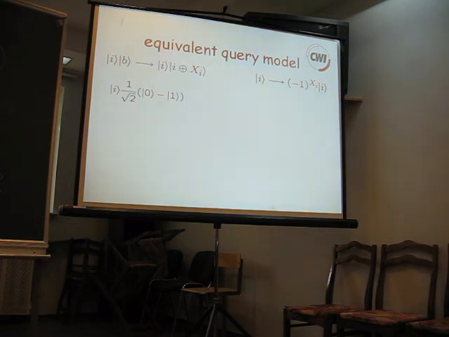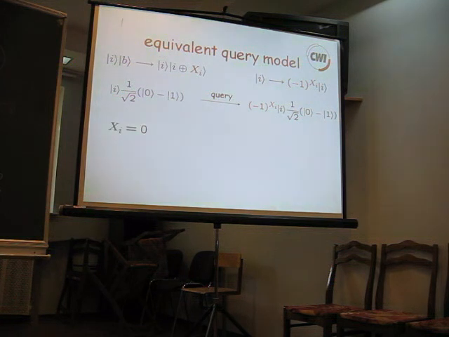So if I set this b register into this tricky superposition, so think of the initial b not being 0 or 1, but set into 0 minus 1. And then do the query, and then I claim that I get (-1)^xi in front of my state. And this thing remains 1 over square root of 2, (|0> minus |1>).